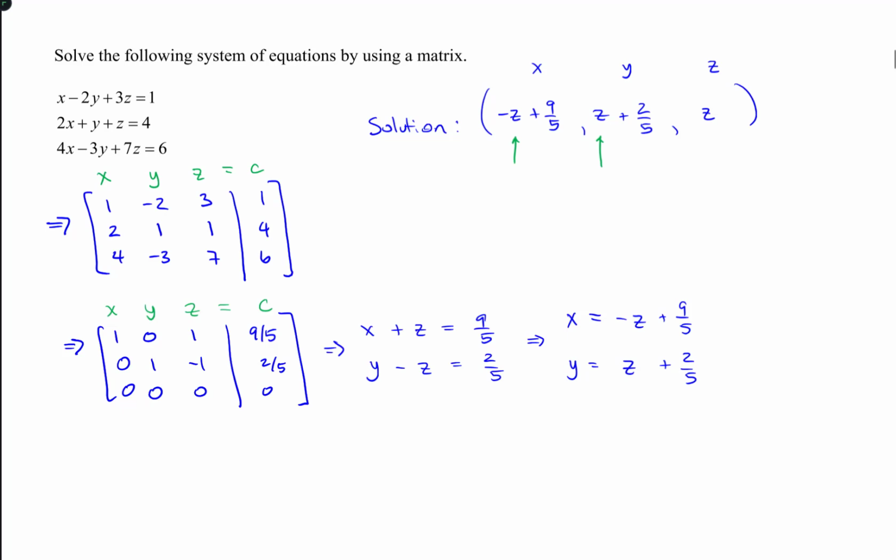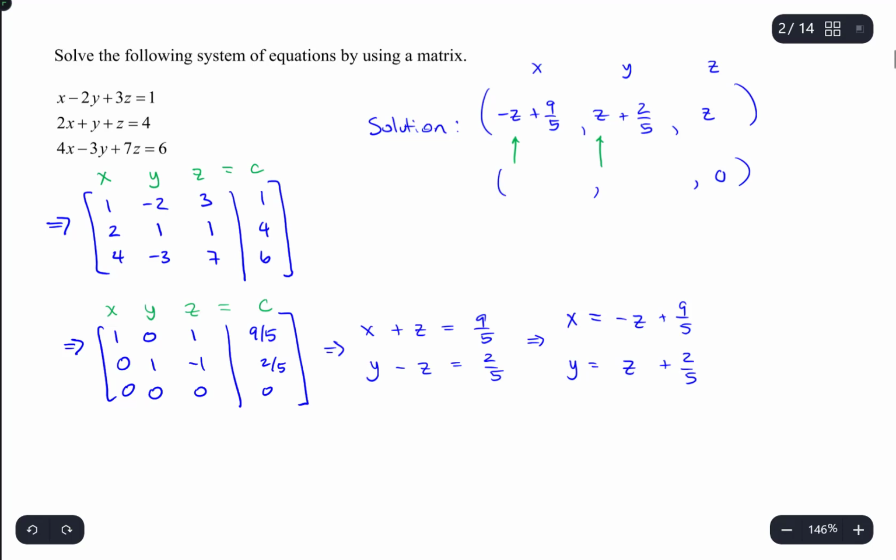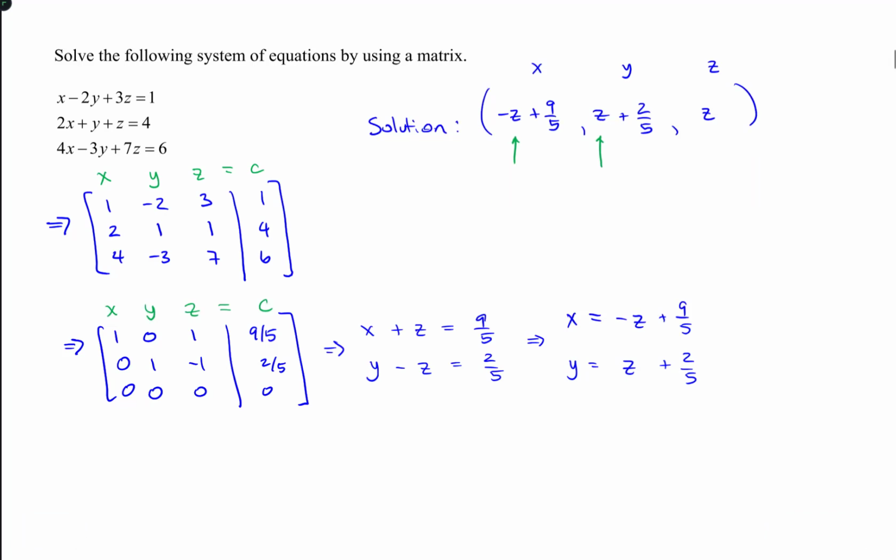So for instance, if I chose z to be 0, then x becomes 0 plus 9/5, and y becomes 0 plus 2/5. And so this right here would be a solution to the system. So whatever we pick for z, we could always get a solution to the system in that way. So this is how we use a free variable to get our final answer.